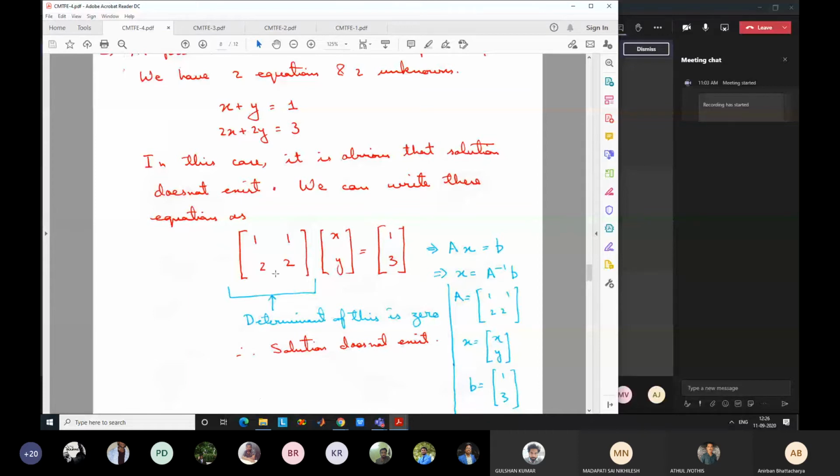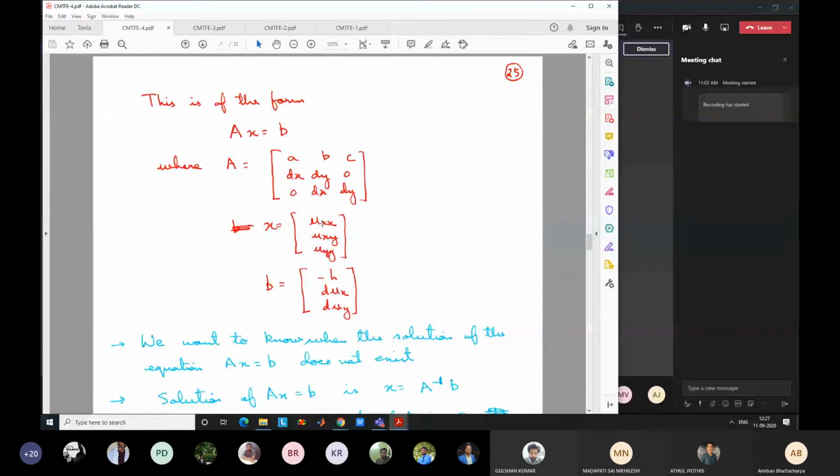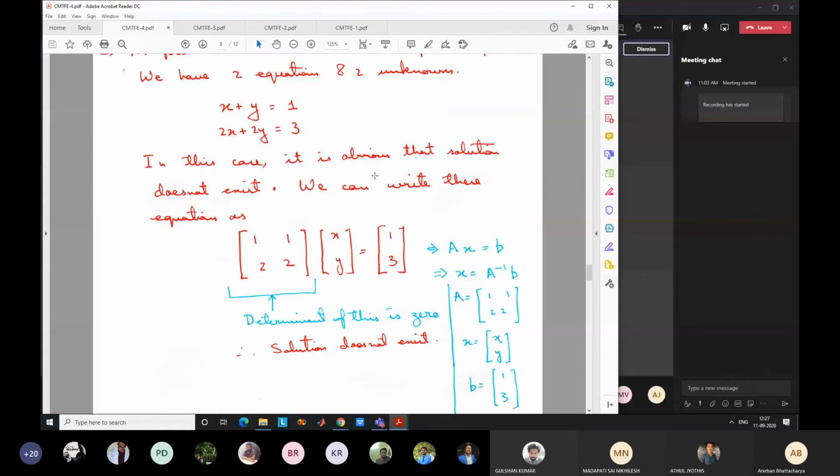You can see 1 into 2 minus 1 into 2 is 0, and hence the solution does not exist. Using the same analogy, we can understand our case: if the determinant of this coefficient matrix is 0, the solution will not exist. Mathematically we have seen it, but physically you can also understand that this is analogous.